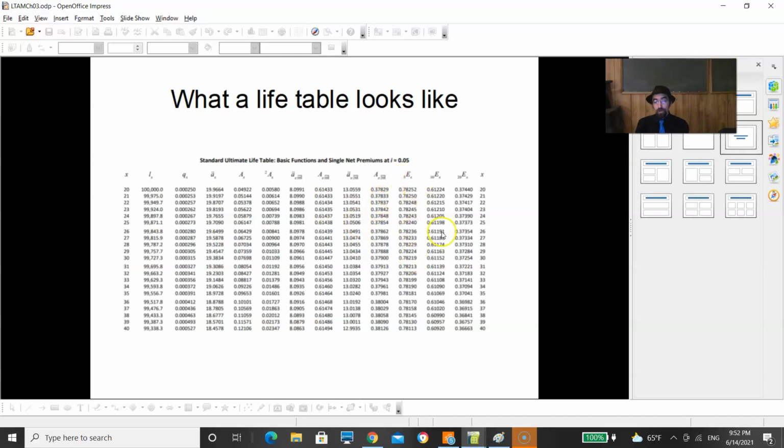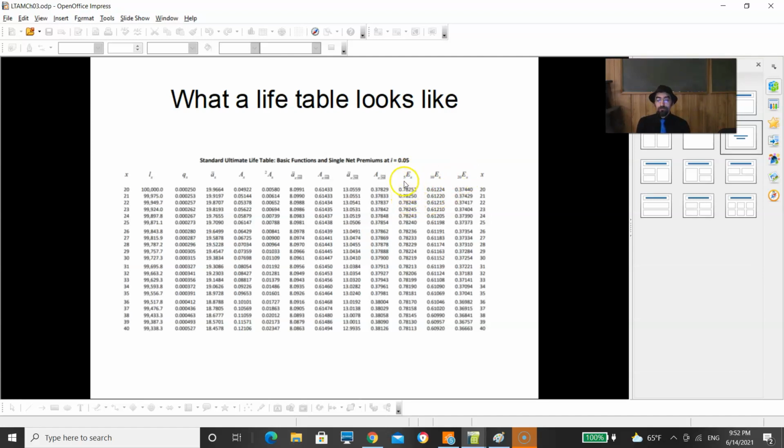The last three columns are these E columns, 5Ex, 10Ex, and 20Ex. Those are the expected present values of pure endowments. That is, you'll get a payment of 1 if you survive 5 years, 10 years, or 20 years.